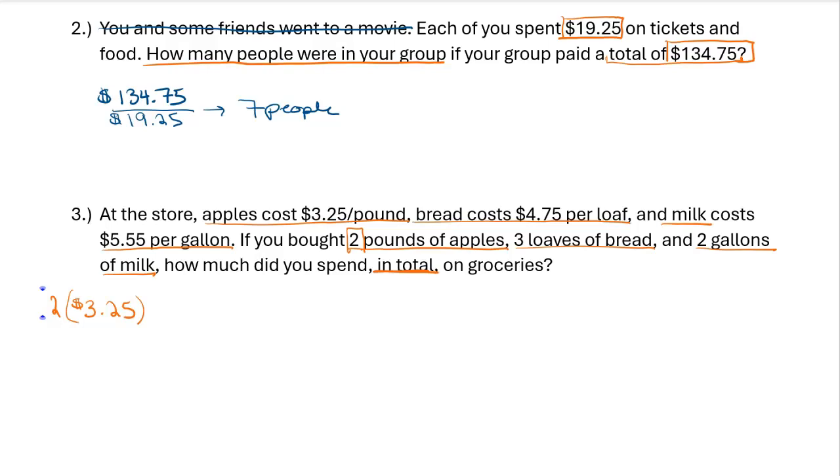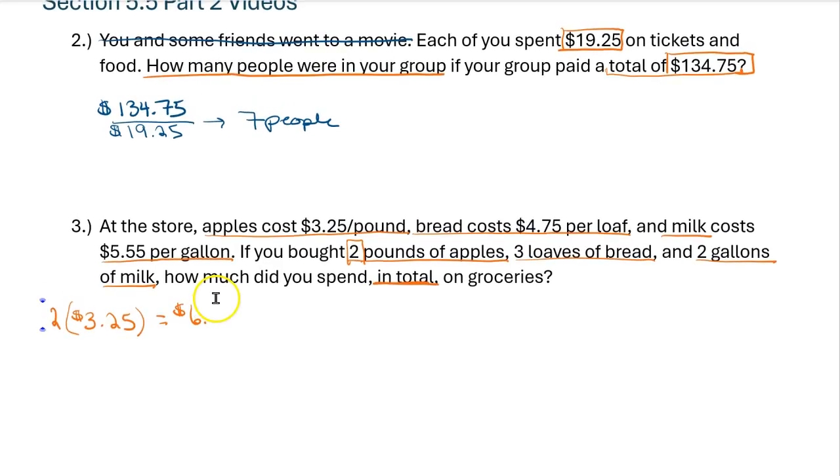Now I'm going to run that calculation, and that will give me the total I spent on apples. And that gives me $6.50. Okay, so I'm done with my apples. I'm just going to cross those off.